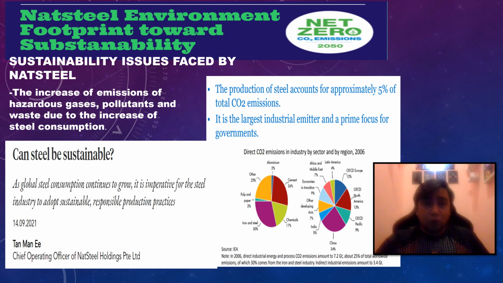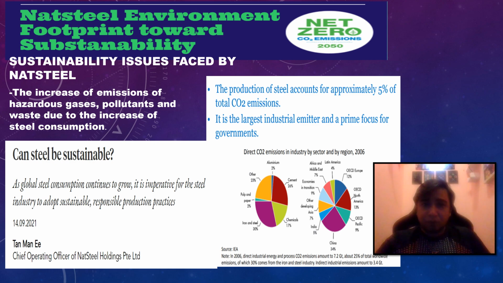On this topic, we would like to share with you the sustainability issues that the world is facing. According to the chart shown by the Organization for Economic Cooperation and Development, 5% of the CO2 emissions are coming from steel production.